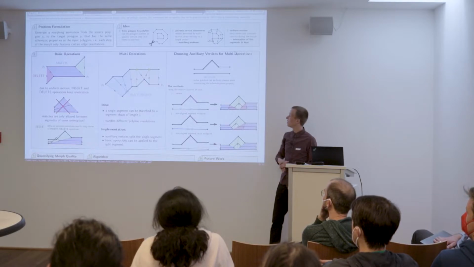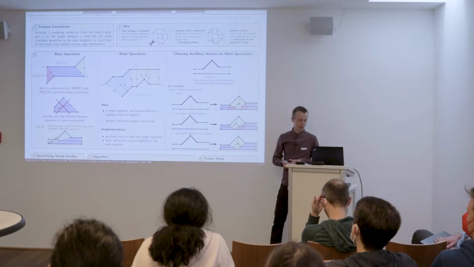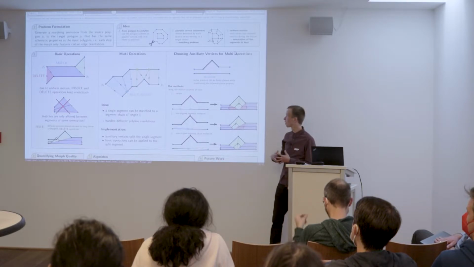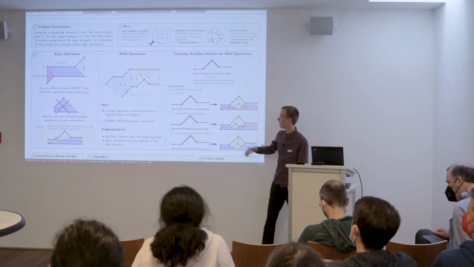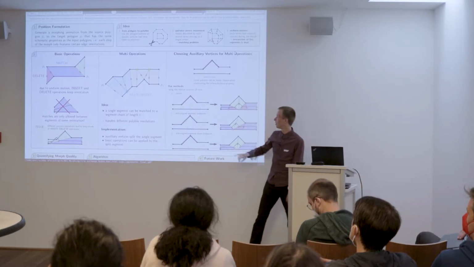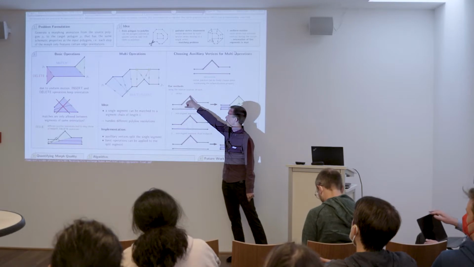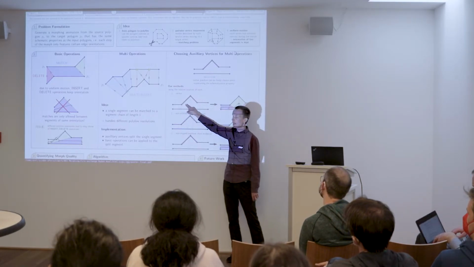And for these multi-operations, we worked with different methods on how to select these auxiliary vertices. And in specific, we came up with three different methods. The first one is, for every vertex on this line string, we use the relative position.